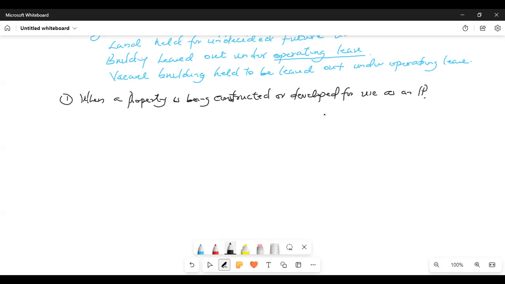Because you have not completed it, IAS 16 will apply, and you know IAS 16. So when a property is being constructed or developed for use as an IP, IAS 16 applies until the property is ready for use as an IP.